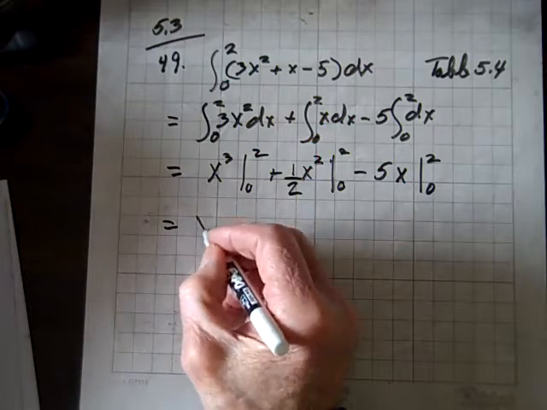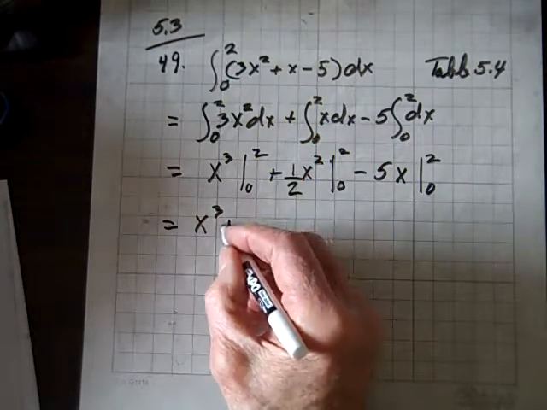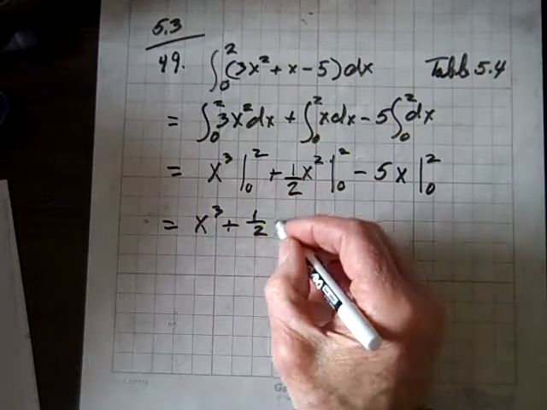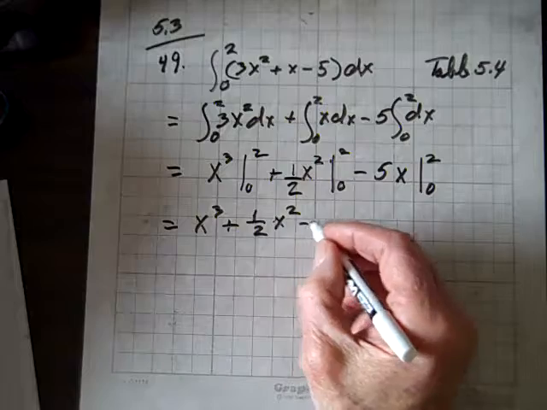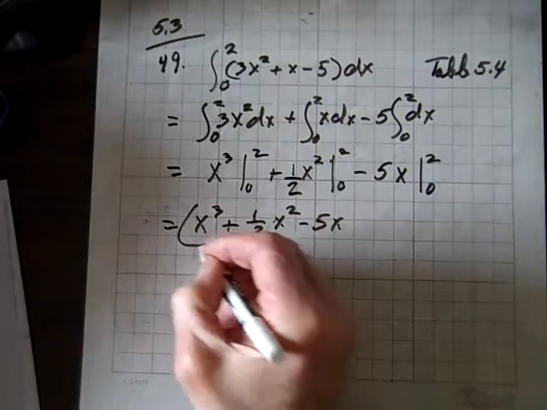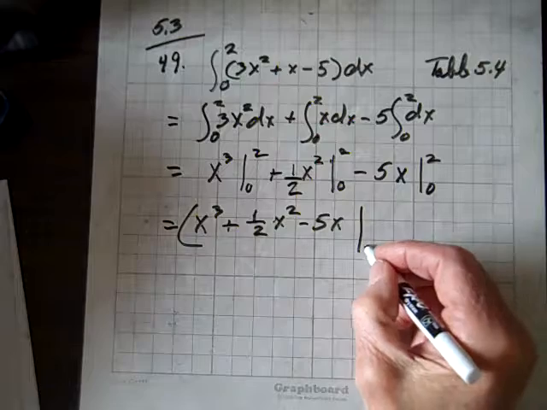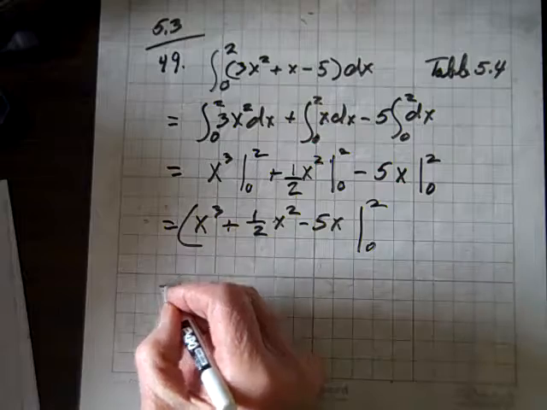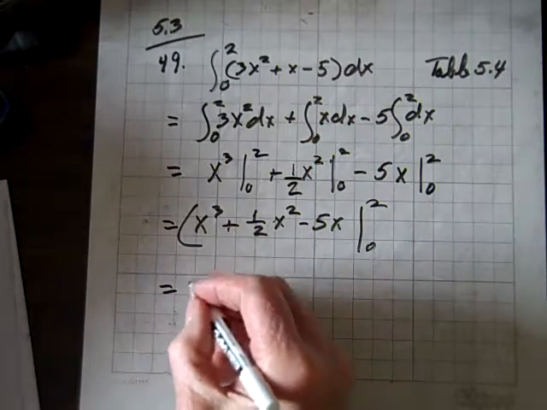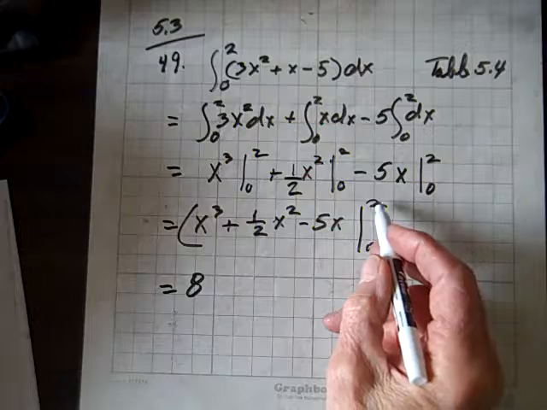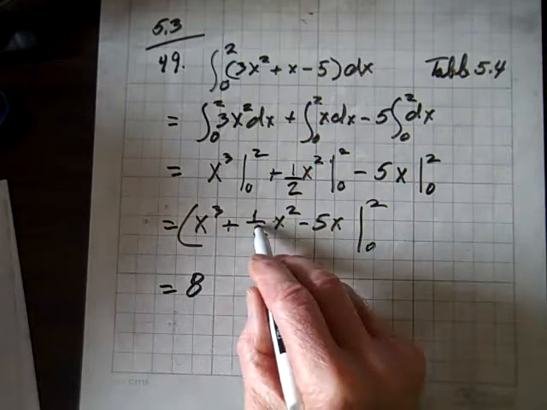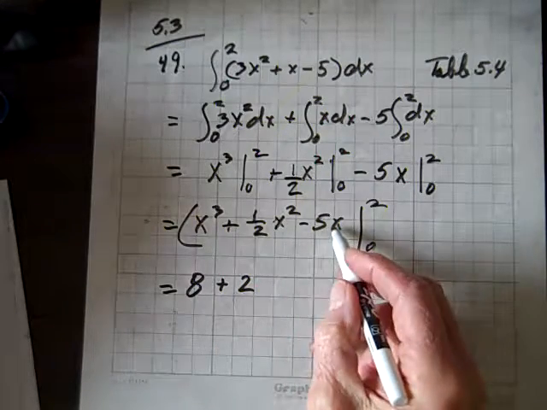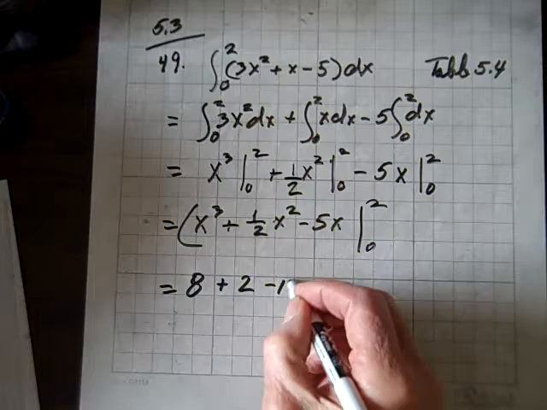Now look, this is rather cumbersome having all these separate evaluations. We can put a parenthesis there, a bar there, and evaluate the whole thing from 0 to 2, and we'll be done. So let's see. 2 cubed is 8. 2 squared is 4 times 1/2 is 2. 5 times 2 is 10, so that's negative 10.